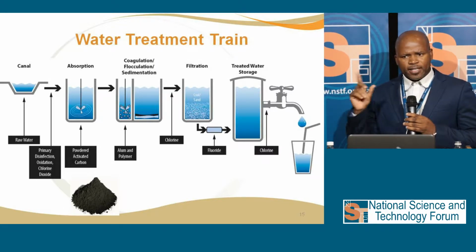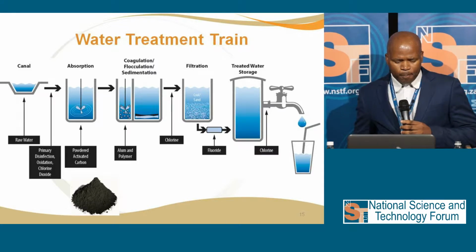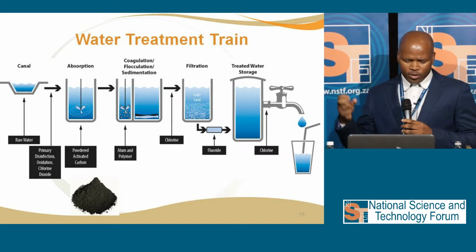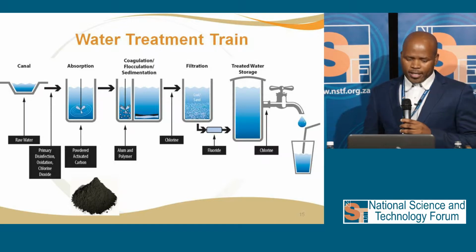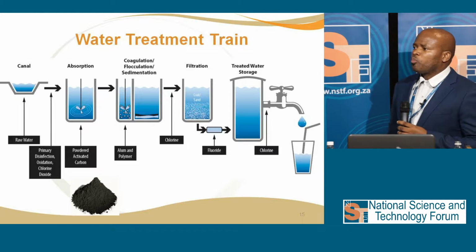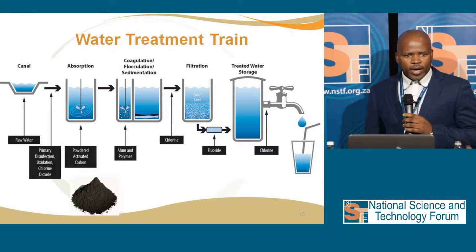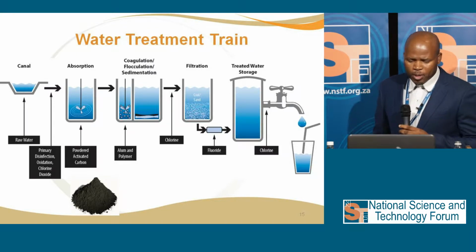So looking at the first one, there is primary disinfection, and then there's oxidation, which uses ozone, and oxygen is used there. And then in the disinfection step as well as chlorine dioxide, which is also one of the materials used. The second step shows adsorption, and powdered activated carbon has been used for many years for that purpose.